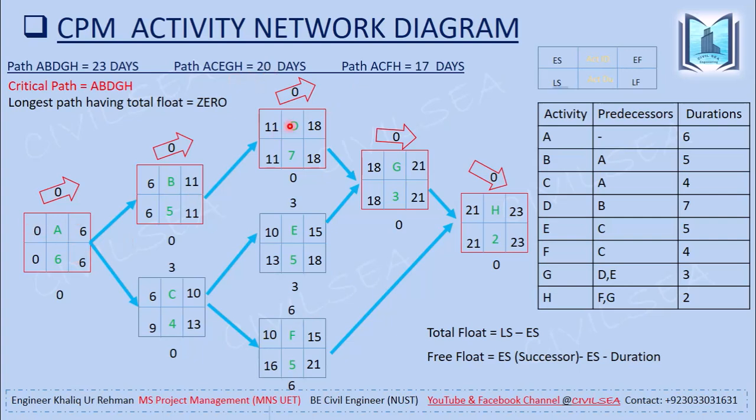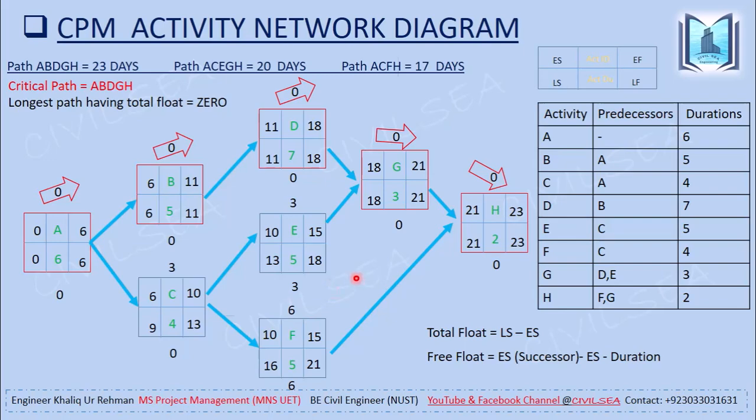Check another path: A, C, F, H. Here you can see that activity C has a total float of 3 days, activity F has a total float of 6 days, and the duration is 17 days. So finally the critical path is A, B, D, G, and H.